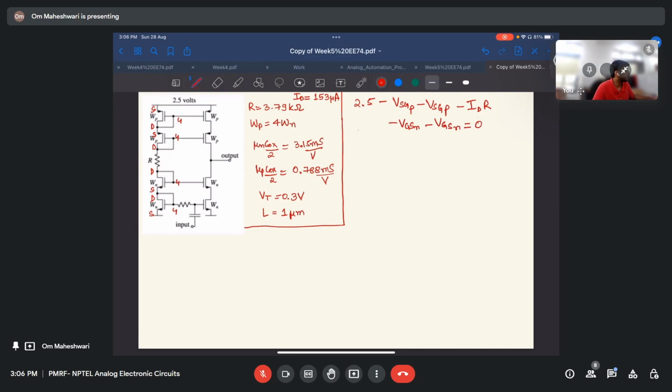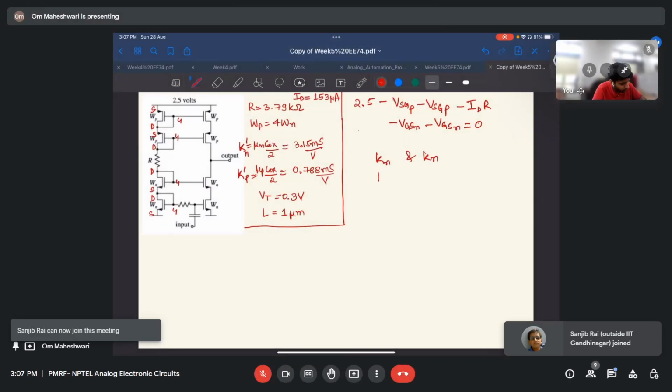So this is the KVL equation here, and we would require to have this ID value, right? And we know ID is this much. So let us first see what is given. So this is K dash, right? K dash N and K dash P. I want to write Kn and Kp.